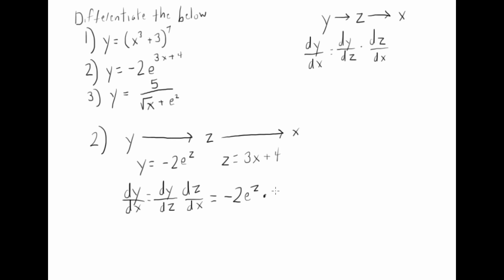That's a line, so the derivative is the slope. Again, you have to plug in what z is. So I'm doing that right now, times 3. And again, you might combine these two numbers and get negative 6e to the 3x plus 4.